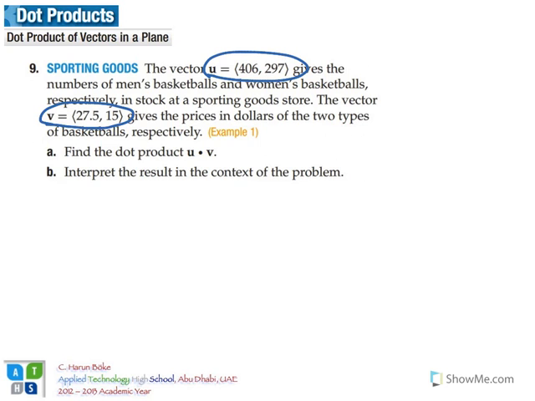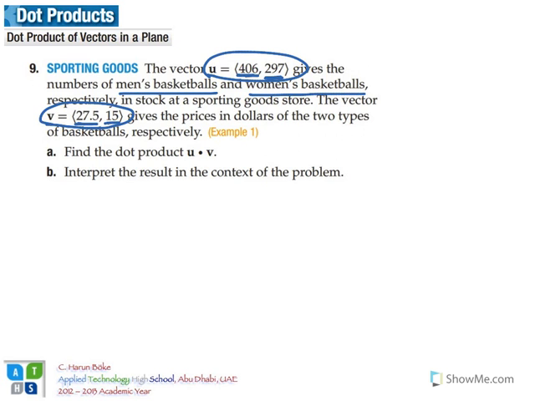Now, respectively means the first number here, $27.5, refers to 406 men's basketballs, and $15 for 297 women's basketballs. All right, that's what it means respectively.